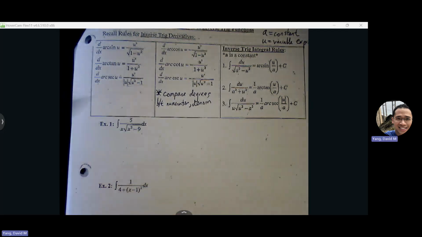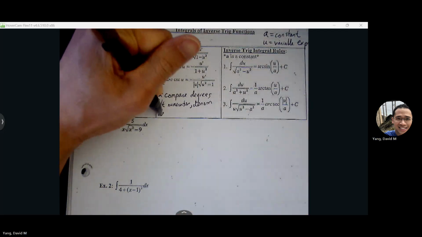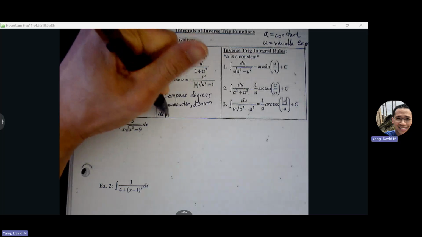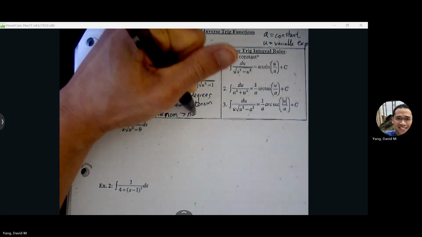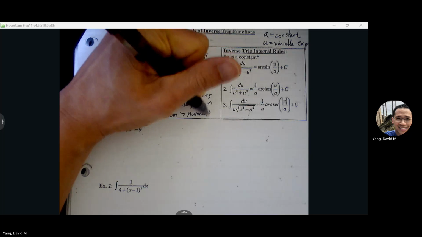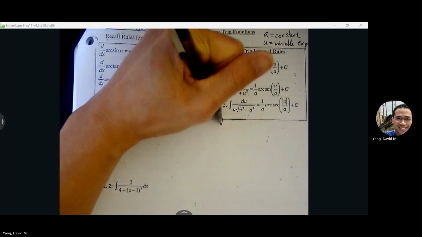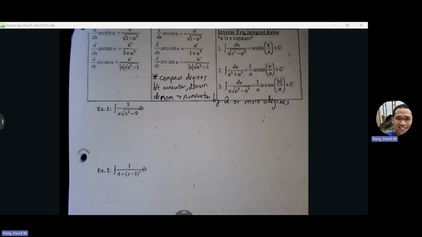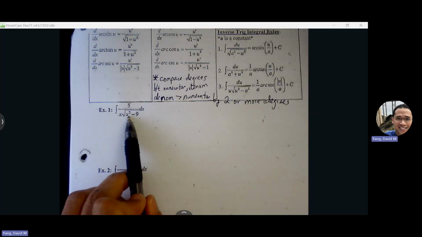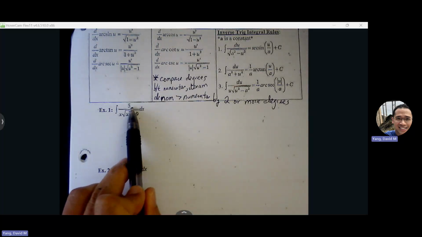So you see, there's a significant gap. You see how this is x squared below, and this is degree 0. There's a gap of 2 or more.